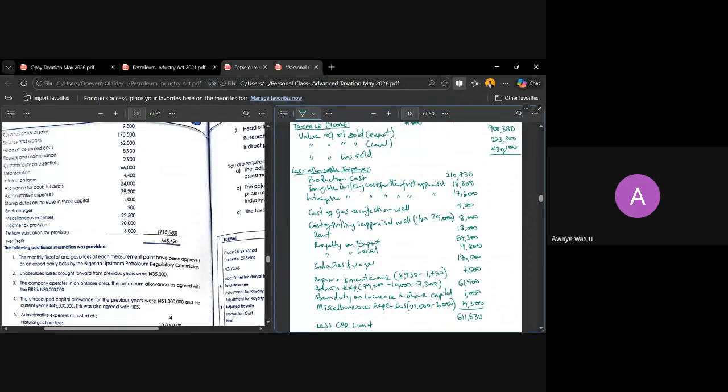The total income is supposed to be 1,553,780.